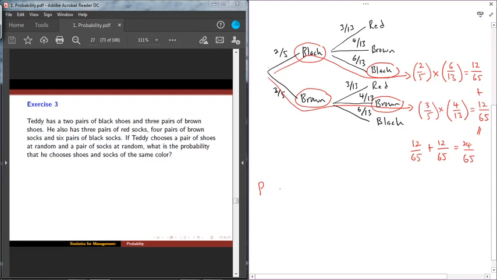So the answer is the probability of getting shoe and socks of the same color. You should get this.